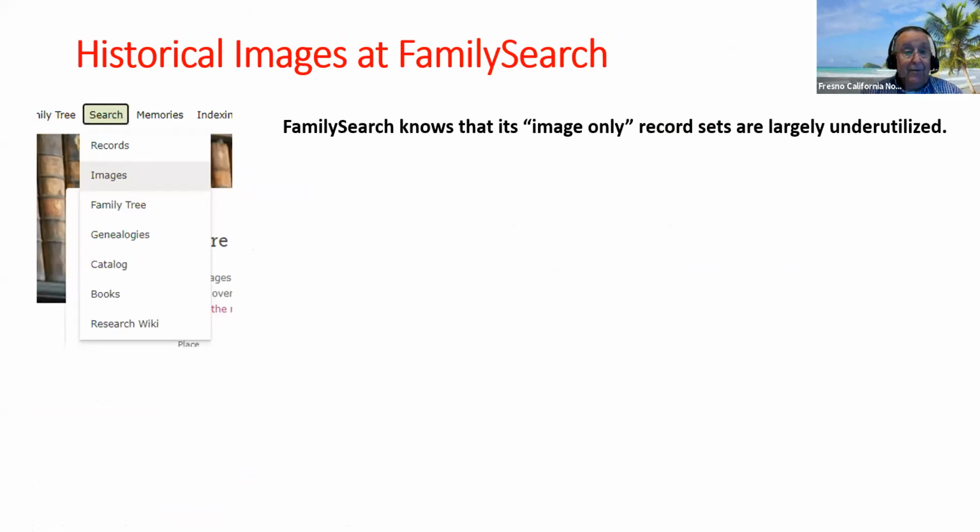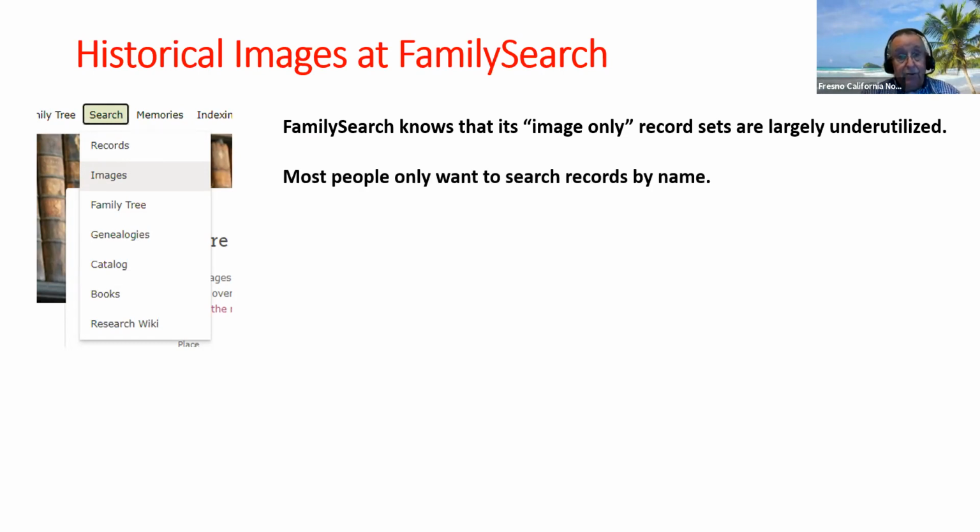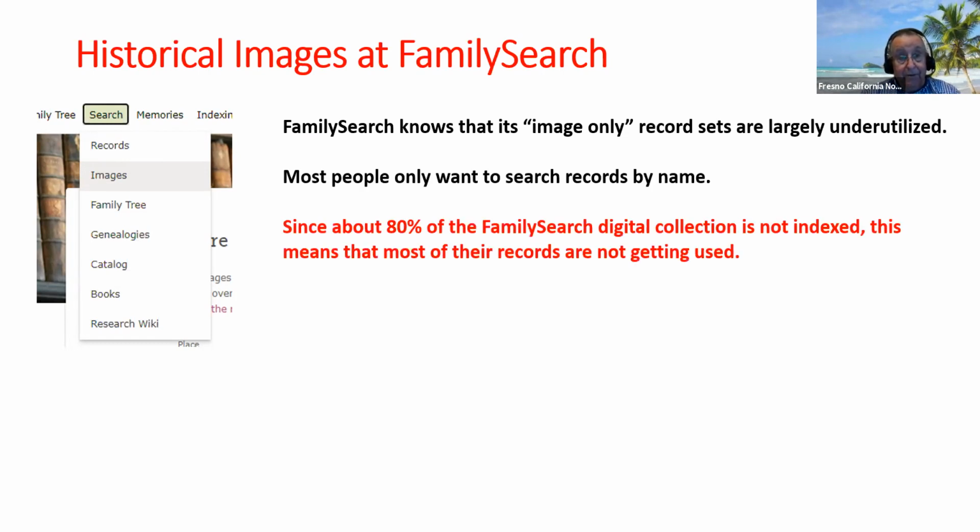Okay, so the point of tonight is to try to introduce you to these historical images. Images are those records that are largely underutilized because nobody knows about them. They don't even know that there's a second search for records in that search drop down, which says images. And they don't realize that this is really about 80% of the collection of FamilySearch that's online right now.